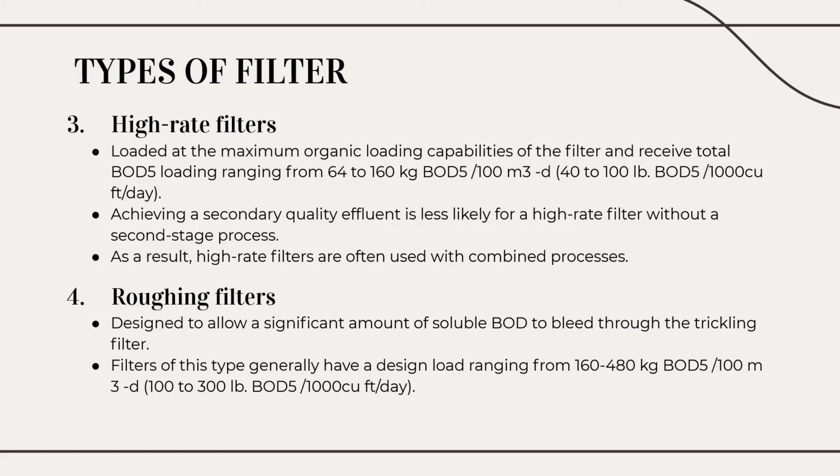As a result, high rate filters are often used with combined processes. The last filter is the roughing filter. It is designed to allow a significant amount of soluble biochemical oxygen demand to bleed through the trickling filter. This type of filter generally has a design load ranging from 160 to 480 kg of 5-day biochemical oxygen demand per 100 cubic meters per day.